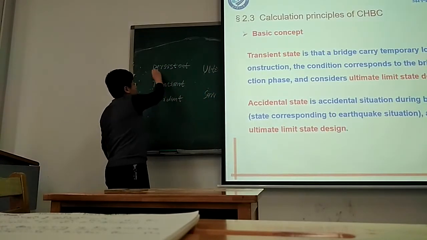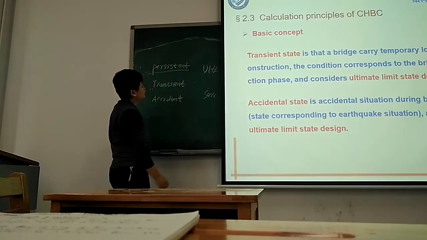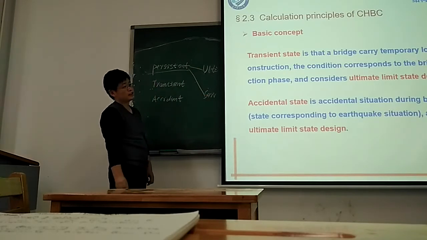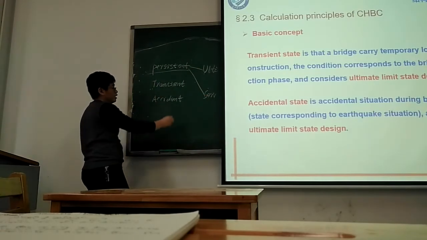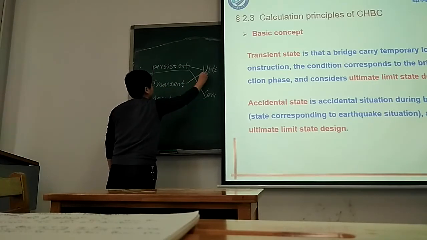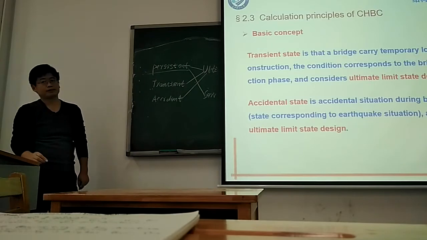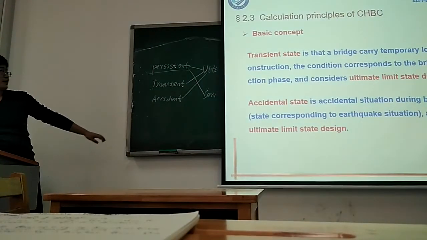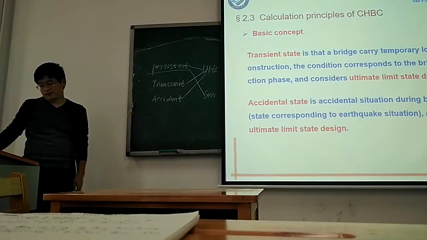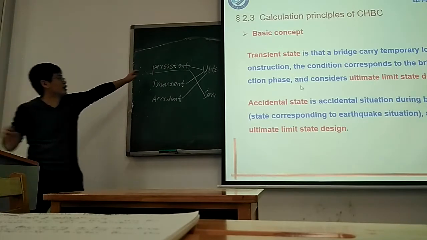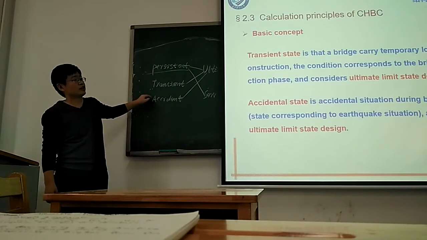So for this persistent state, both of these limit states you need to consider. But for these two situations, only the ultimate state you need to consider. These three mean the different working situations.